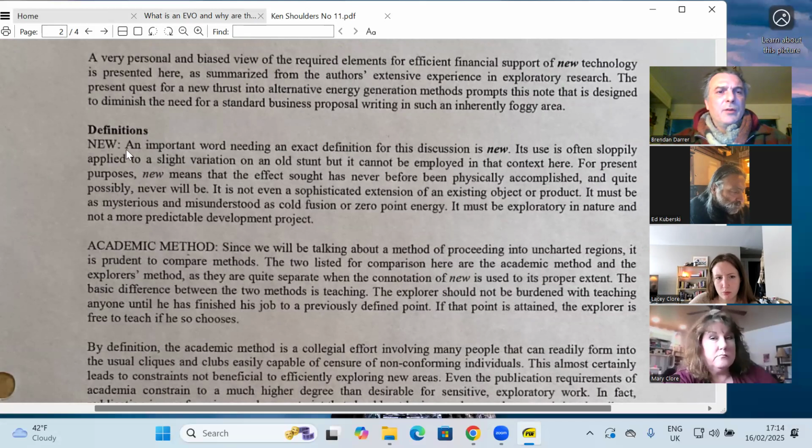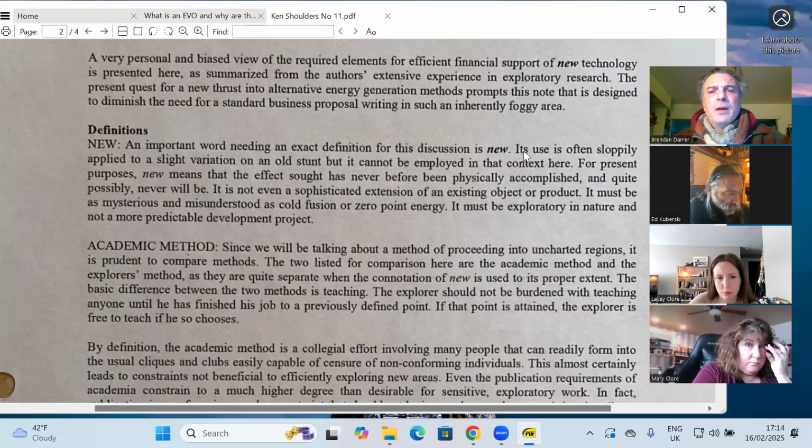Definitions. New. An important word needing an exact definition for this discussion is new. Its use is often sloppily applied to a slight variation of an old stunt, but it cannot be employed in that context here.